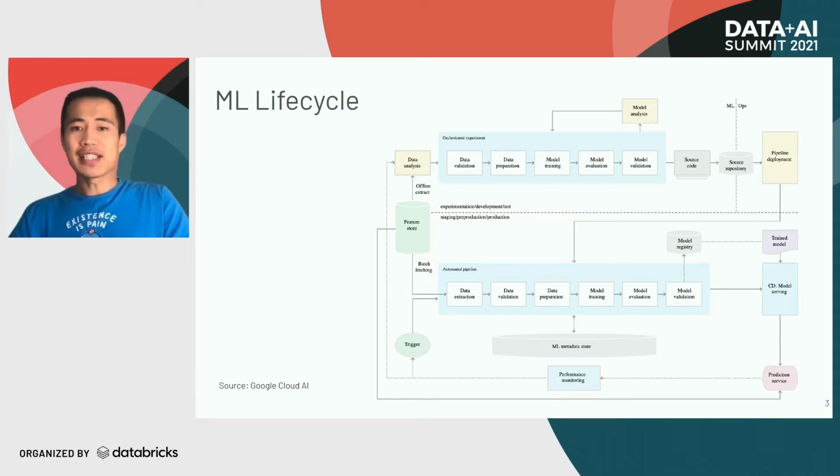And because of this, we have a gap in the solution for deploying models effectively, which we call the data tooling gap. There are solutions out there to address these gaps, such as feature store, model serving, model registry.